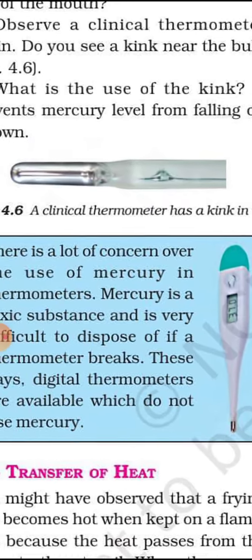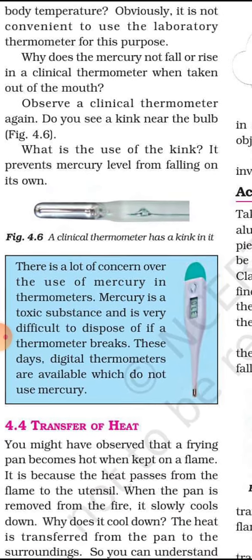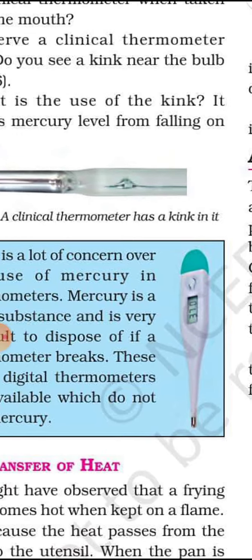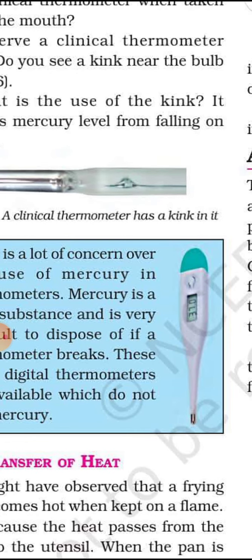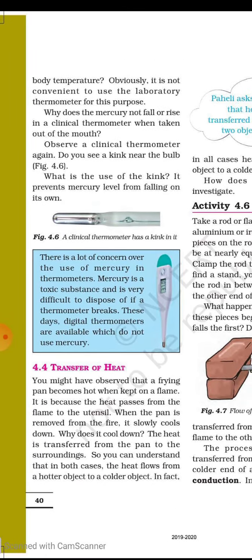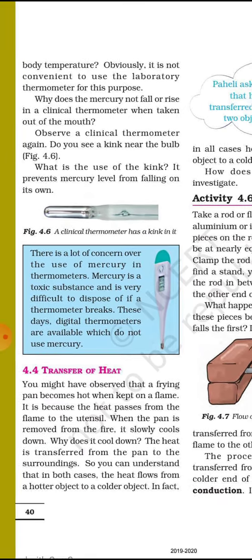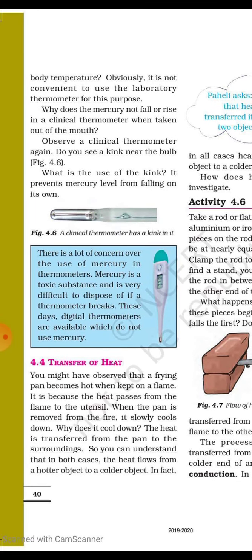That is, the silver chip is present. That is called the nick. Inside that glass tube, the nick is present. It prevents the temperature from falling or rising after taking it out from the mouth in the clinical thermometer. So only in the laboratory thermometer the temperature falls, but in the clinical thermometer, even after taking it out from the mouth, it won't show a fall or rise in temperature.